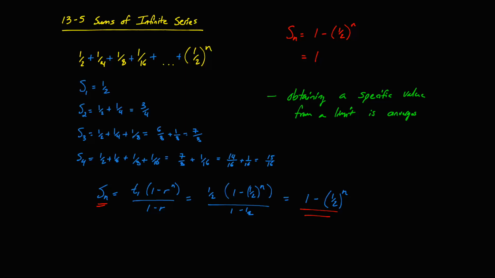And if you don't obtain an exact value, and instead obtain positive or negative infinity, that is considered divergent.